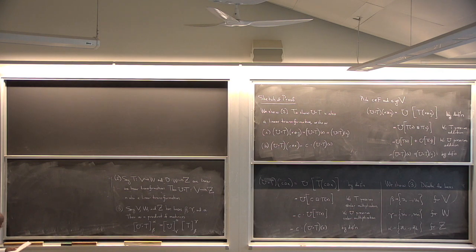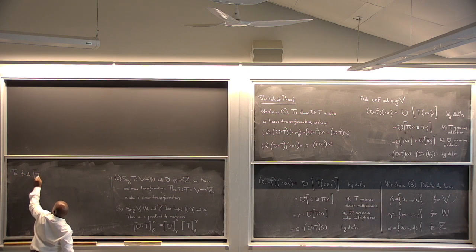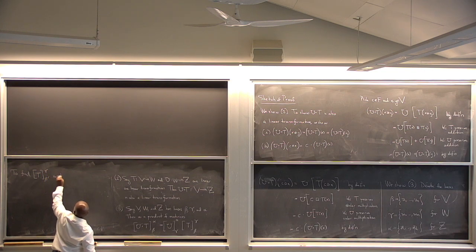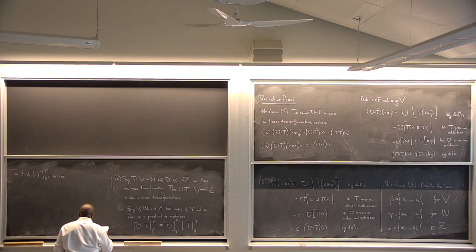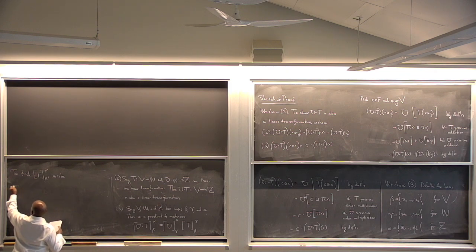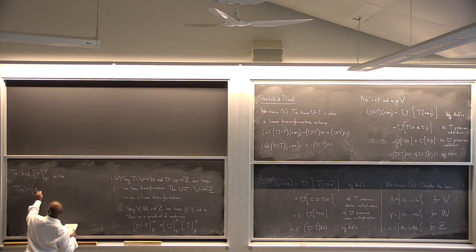So first things first, let's compute these two matrices over here, the matrix representation for T and the matrix representation for U. To find the matrix representation for T, remember how we're going to write this. We have here T of v1 as this linear combination.